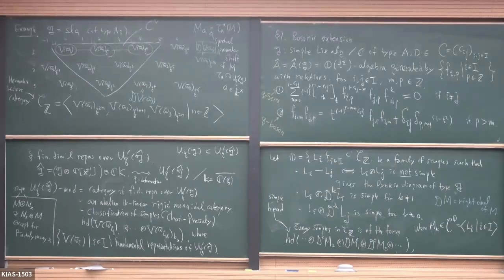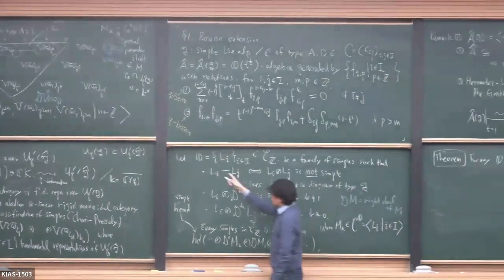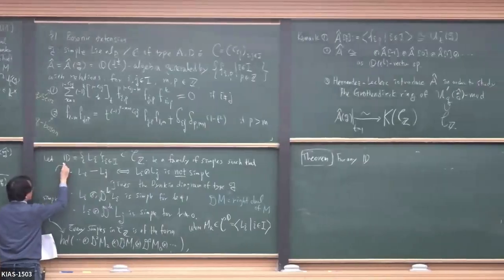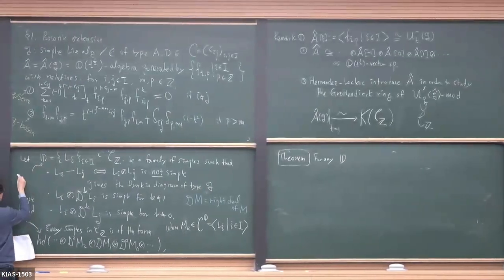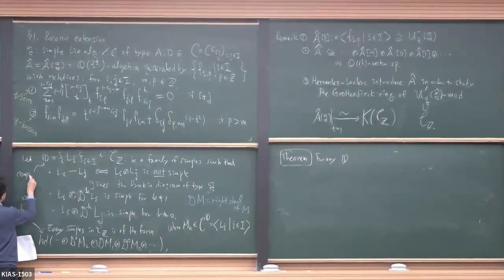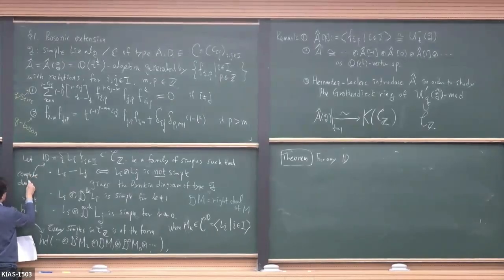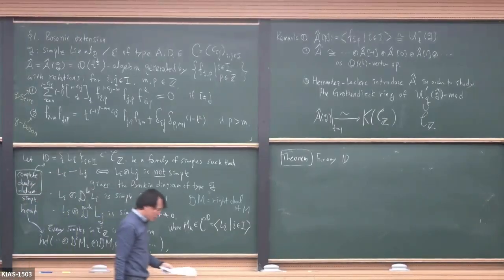So for any D, this D is a very special family of simple modules, and we call it the complete duality datum. It's just a name for this family with this property.